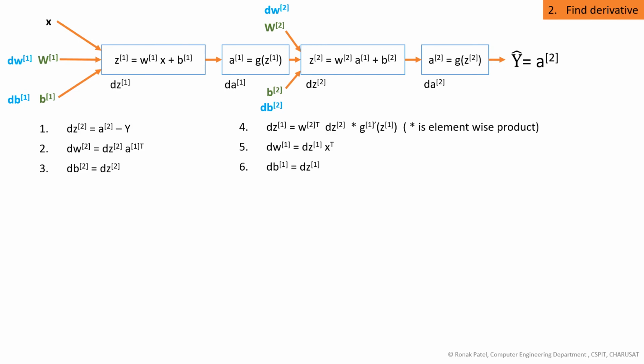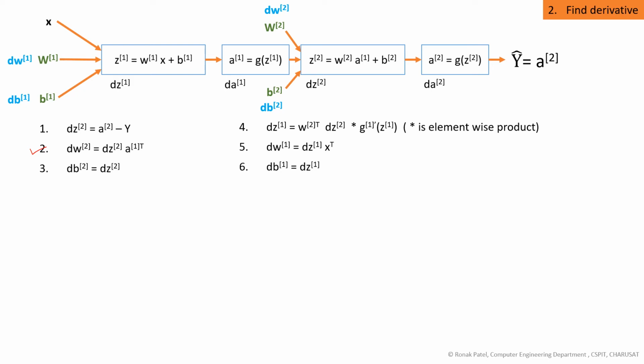So how can you find dw2? Using dz2 into a1. A1 we have calculated, you can see in the previous slide. DZ2 we need to find out. To find dz2, we require a2 and your original y.